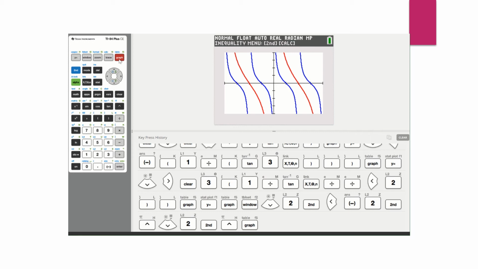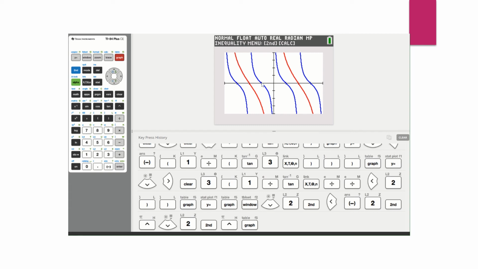All right. And so it has. I can see that in the red, my graph is vertically stretched. Okay, I don't see quite the curve that I did before. My period is 2 pi. And that means I should see asymptotes at pi.